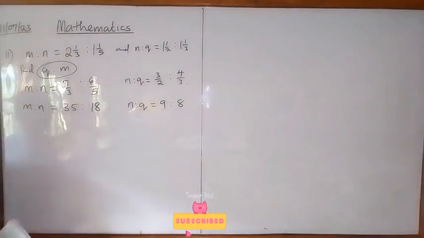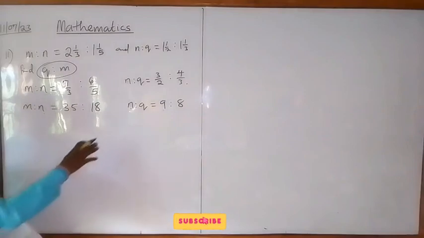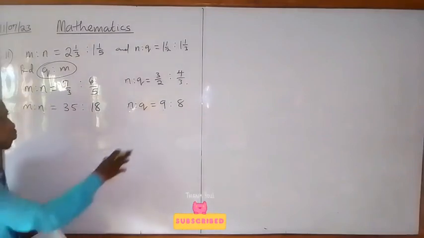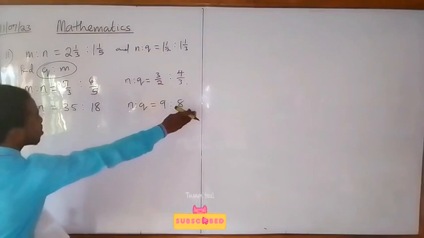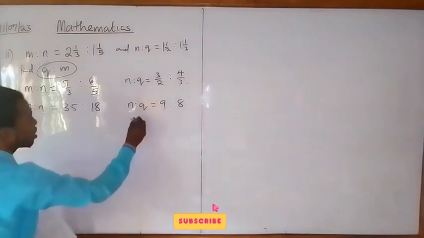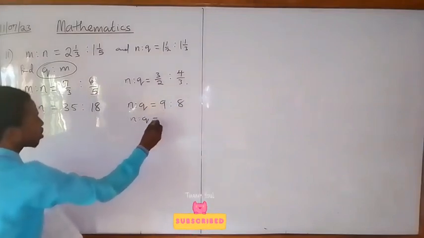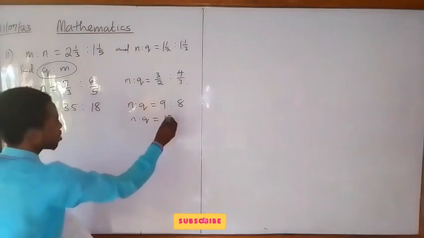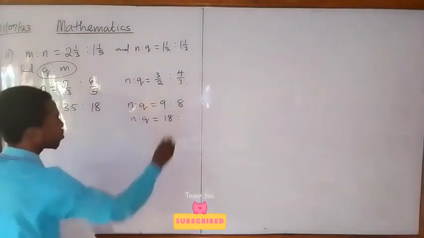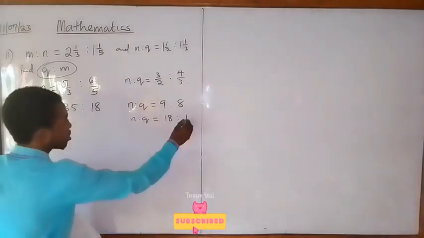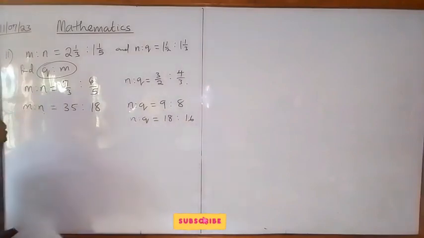So what I need to do is multiply everything here by 2. That means our n ratio q becomes 2 times 9, that's 18, ratio 2 times 8, that's 16. So our n ratio q has become 18 ratio 16.